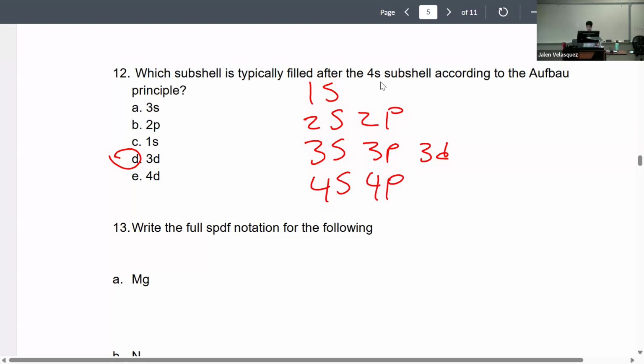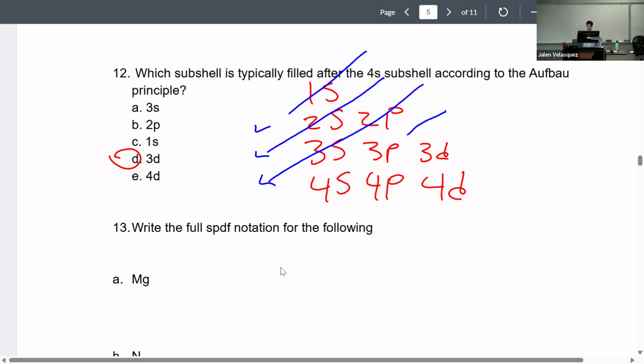If you get confused on this, I suggest you do this because this tells you the Aufbau energy filling order every time. If you write out the configuration and draw diagonal arrows going across, it tells you the energy order. So we know we go 1s first, then 2s, 2p, 3s. We go 3p, and then watch here, 3p, 4s, what's next? Then we get 3d. So that's why it's D.